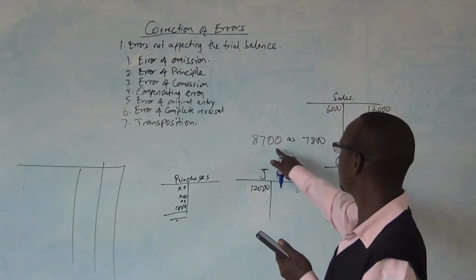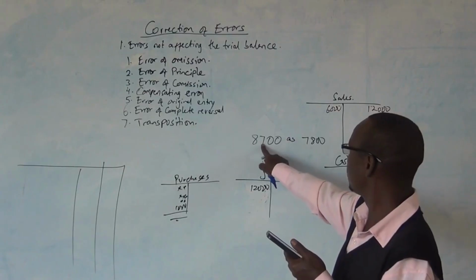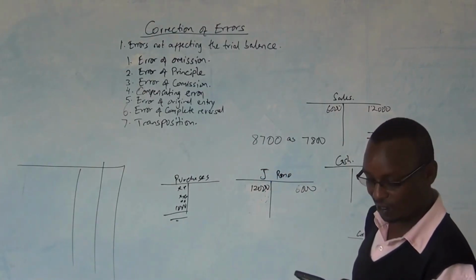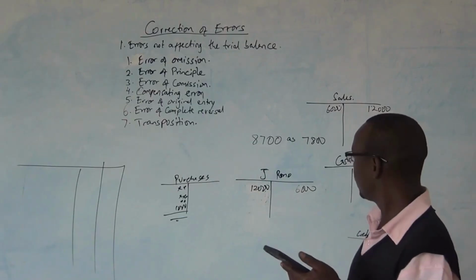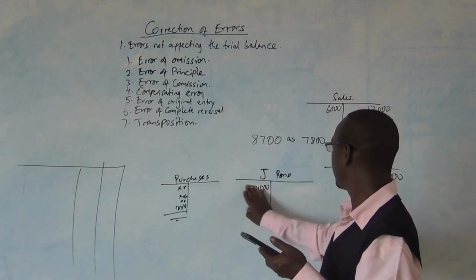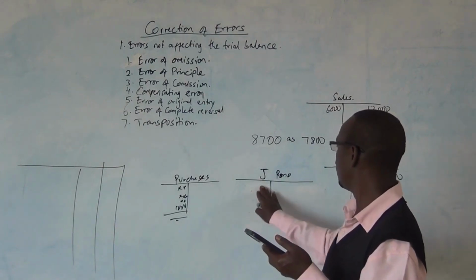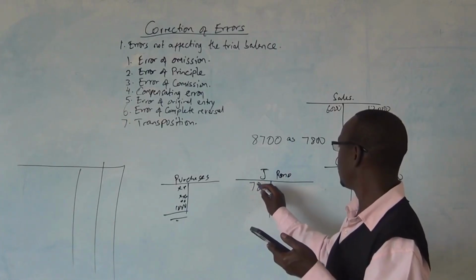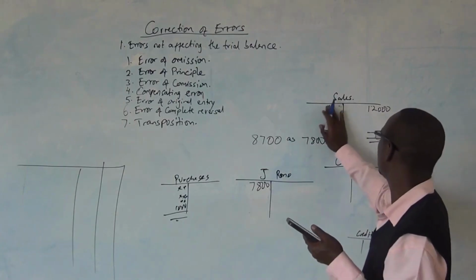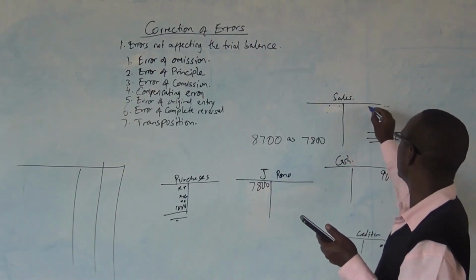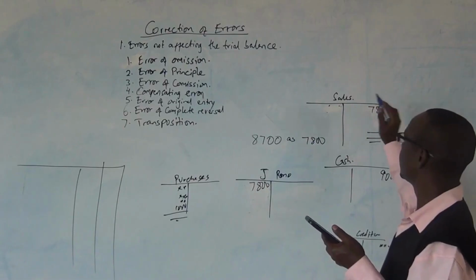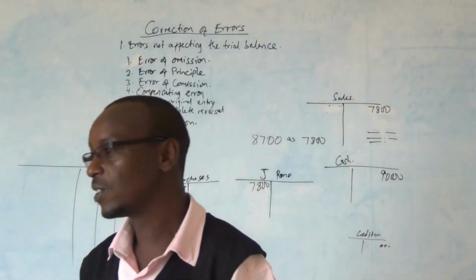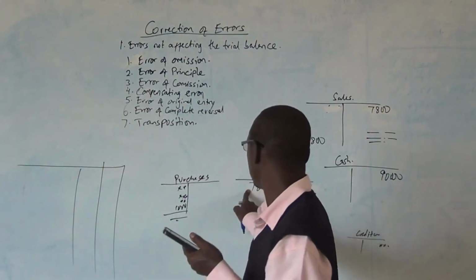This is the transposition error. Instead of putting this figure here, you put it like this. So, now here, we have sold the goods worth 8,700. Then you come and put here, like this. Then when you're going through your vouchers, you discover this invoice.